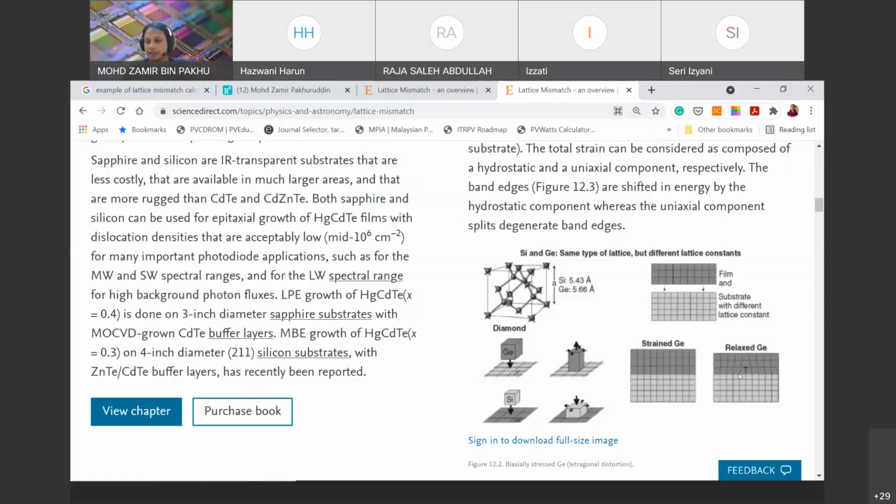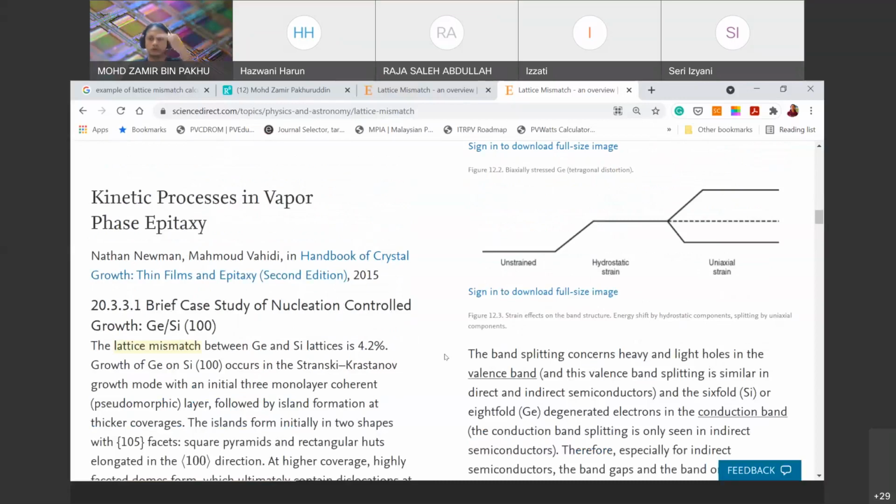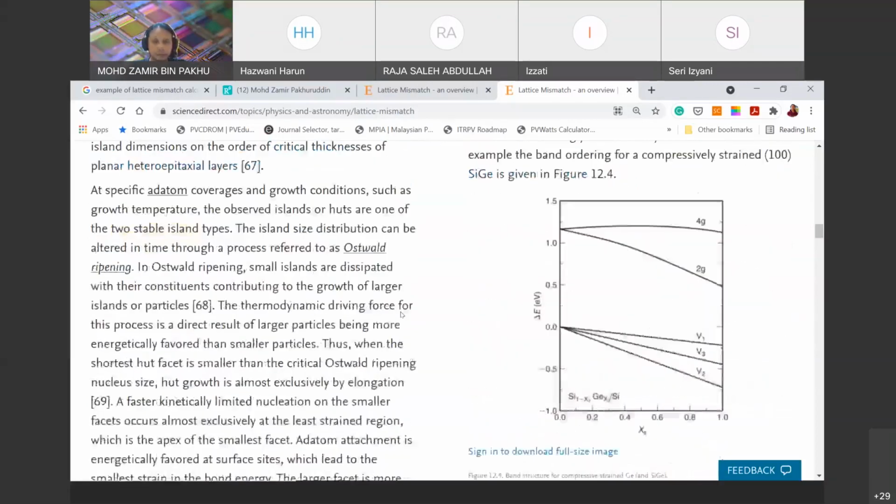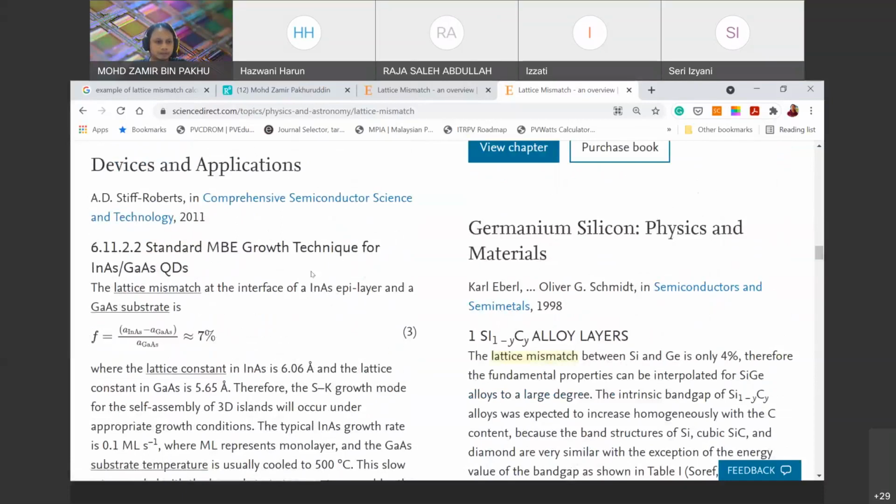You can see here it's a bit relaxed, and it goes back to the normal condition on top. The very interface is the crucial one, where you bond germanium to silicon atoms, right? Later you can come here and read.